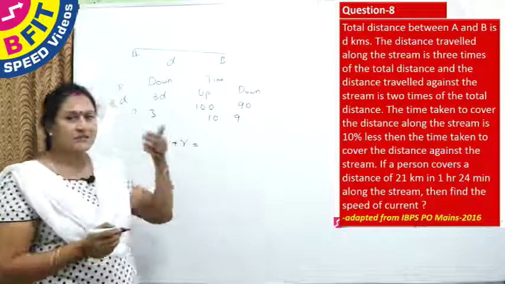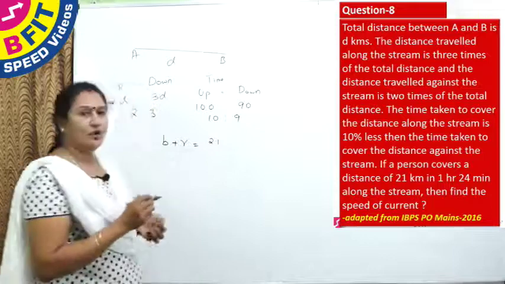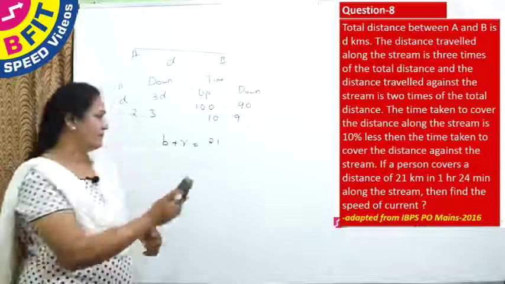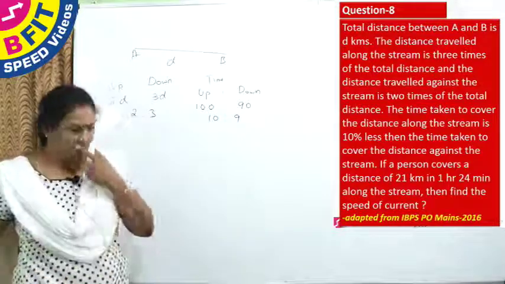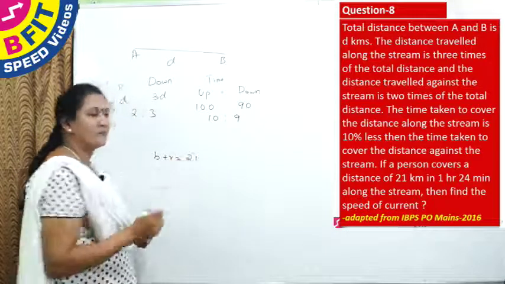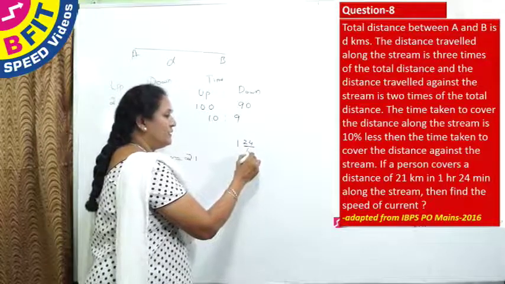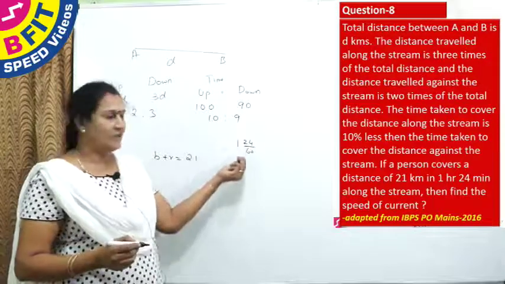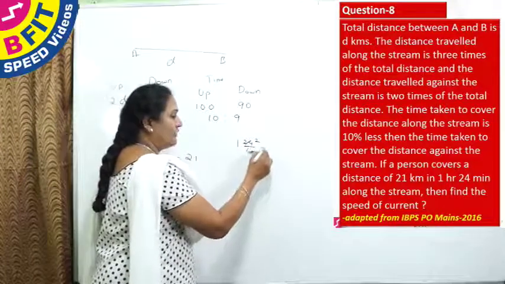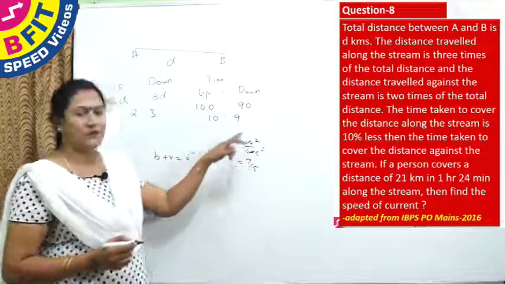Downstream speed is distance by time taken. What is the distance given? 21. And what is time taken? 1 hour 24 minutes. So 24 minutes by 60, I have converted these minutes to hours. So 24/60 is 2/5, and 1 plus 2/5 is 7/5.